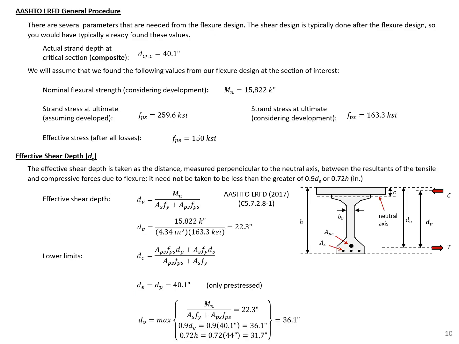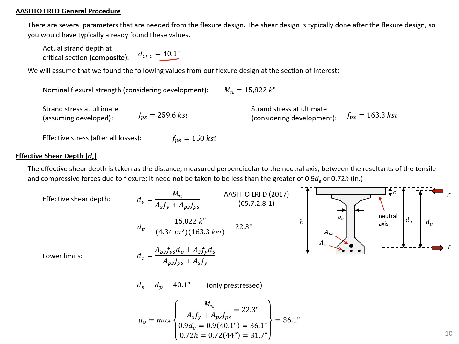Next, we're going to find our concrete shear resistance and required shear reinforcement using the AASHTO LRFD procedure. So you can see we'll need our D again, which our actual D of our strands is 40.1. We'll also need for this procedure several parameters that we would get during our flexural design.